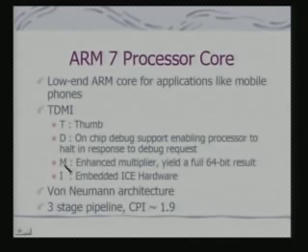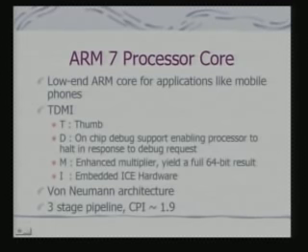D means you have on-chip debug support enabling the processor to halt in response to a debug request. M is an enhanced multiplier which yields a full 64-bit result. You may not require it, so if you do not require it, you do not have M, that is you have TDI and not TDMI. I is embedded ICE hardware.